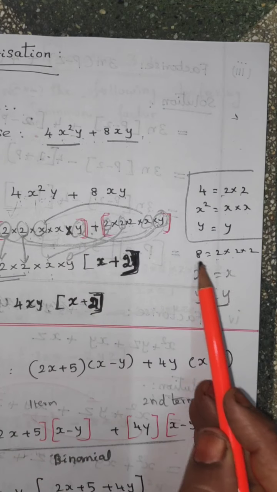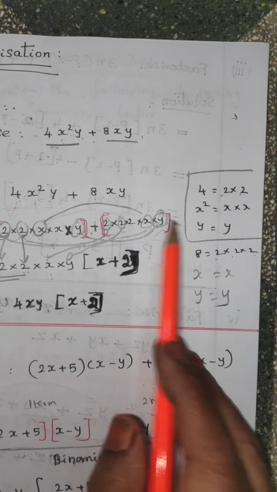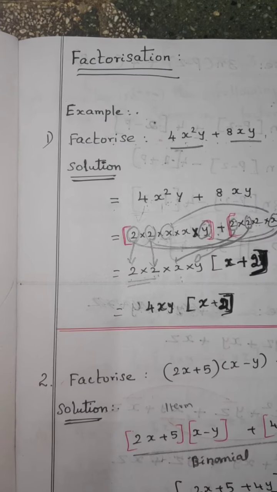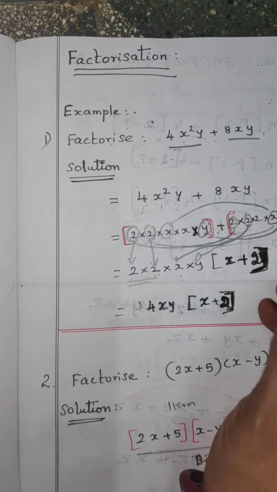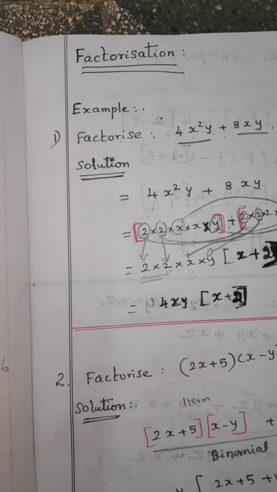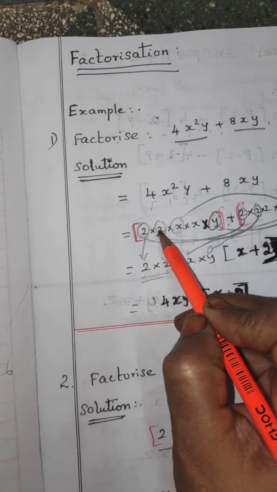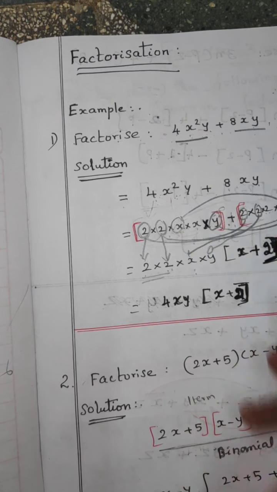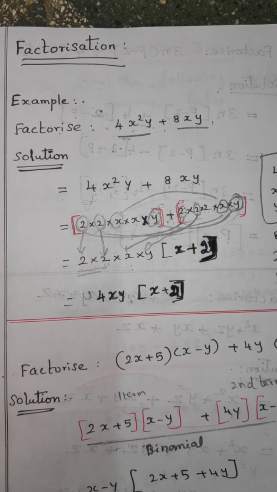Next, the second term: 8 is 2 into 2 into 2. x only write, y only write. Now put it in brackets: 2 into 2, x into x, y, plus 2 into 2 into 2 into x into y.